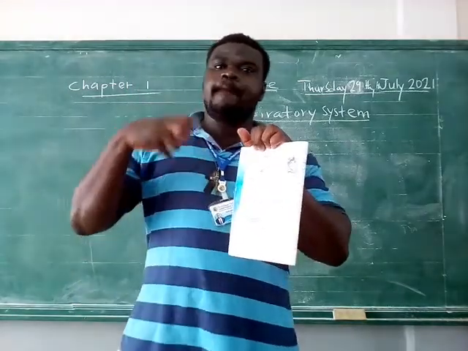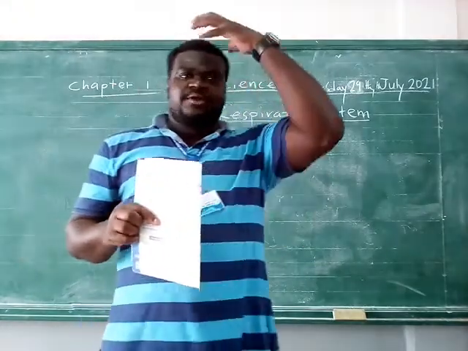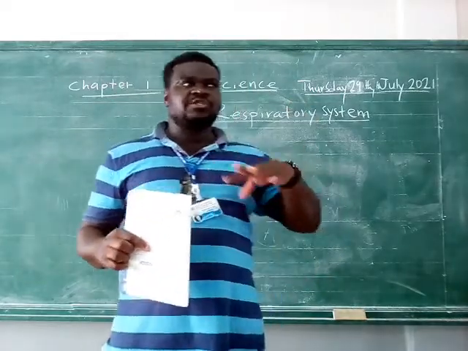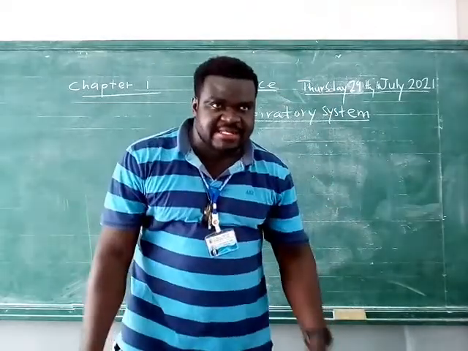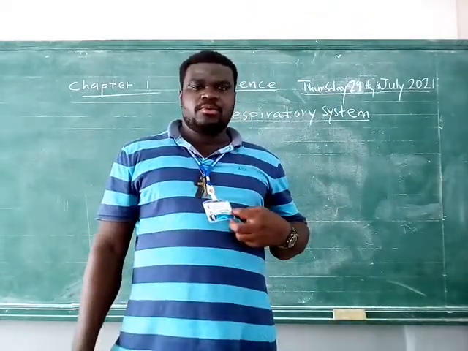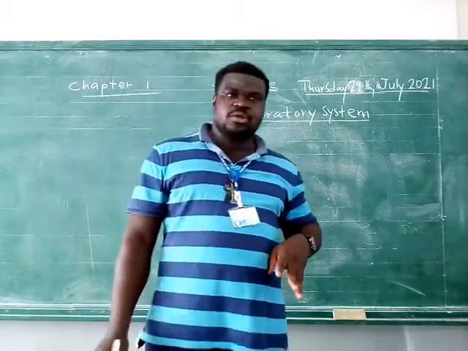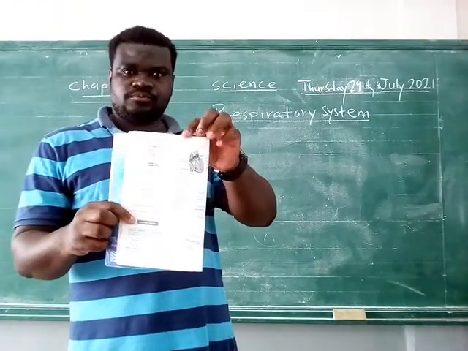For the heart to be able to pump blood very well, our circulatory system helps to carry blood to our various body cells. That is what we are looking at today.